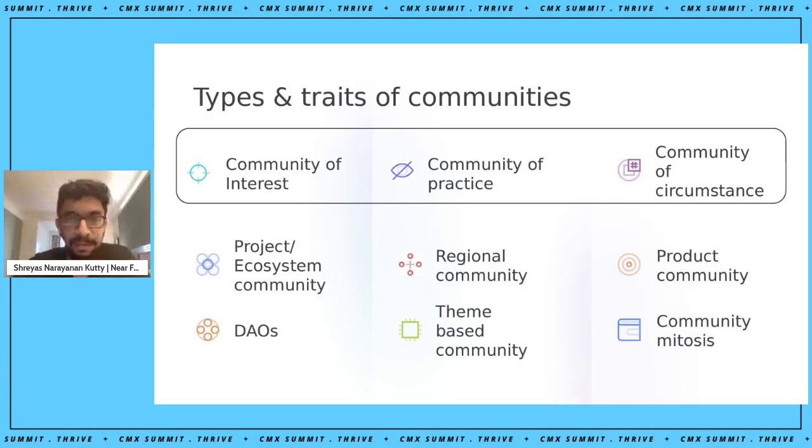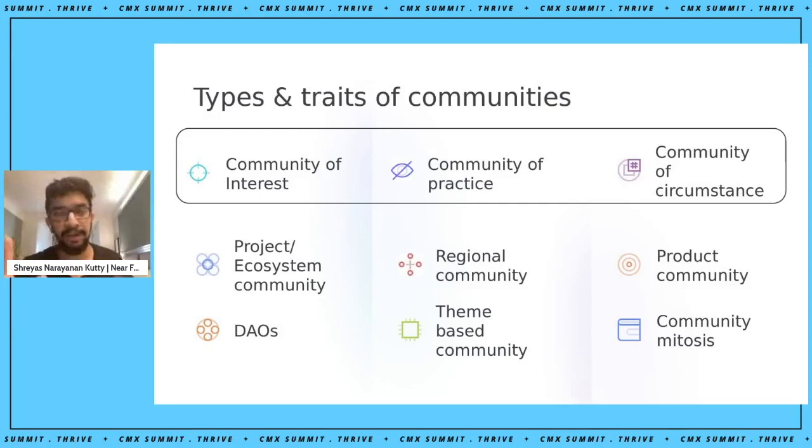And then you have product communities, so people who are building, like I said, products specifically in terms of infrastructure products or public good products, could have a community around themselves. You also have theme-based communities. So let's say you're interested in NFTs or DAOs or social tokens, right? They have their own set of communities.